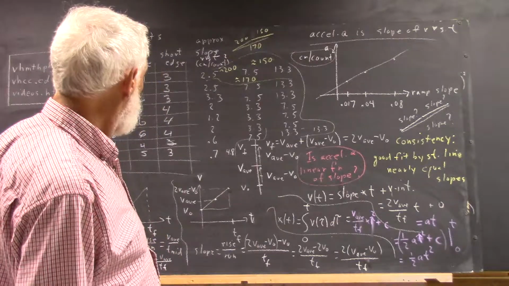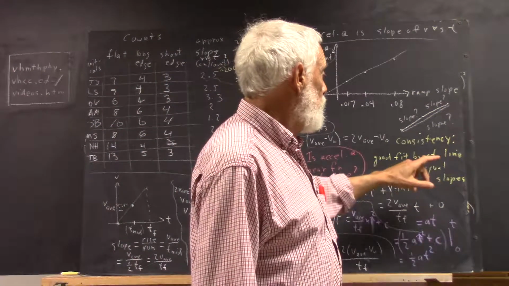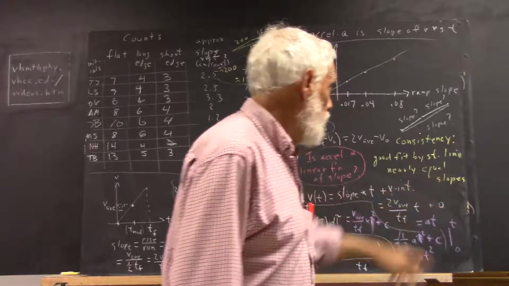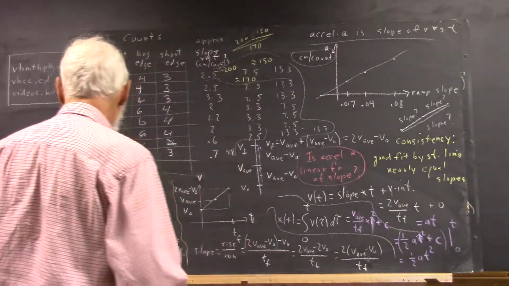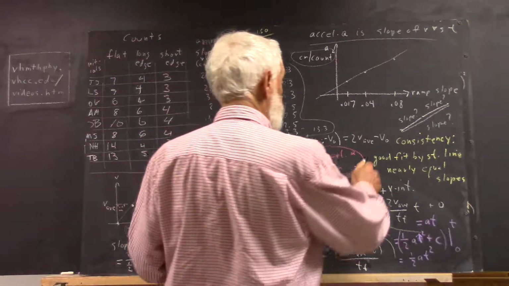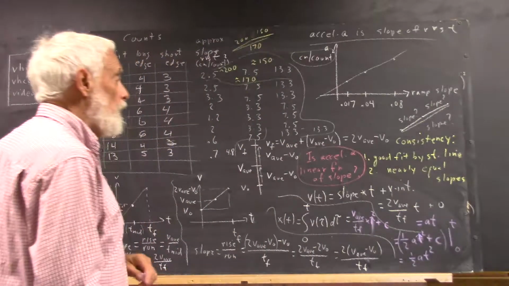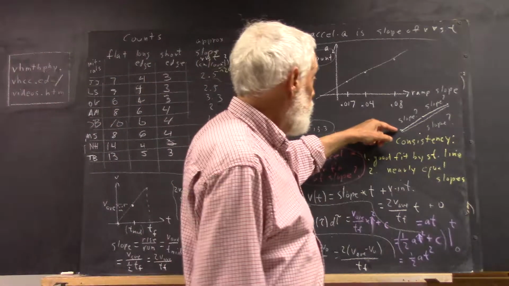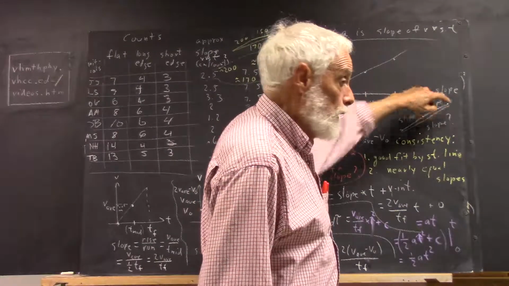So one check of consistency of your data is whether you have a good fit to this graph by a straight line. Second test of consistency, you have nearly equal slopes. I ask people to calculate the slope here, the slope here, these representing the 3 points.